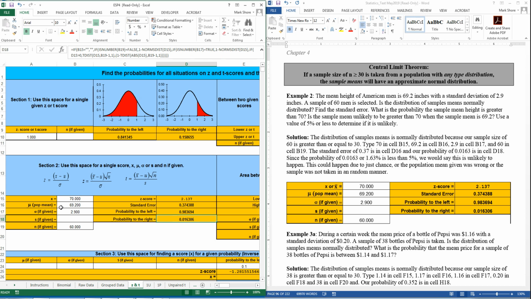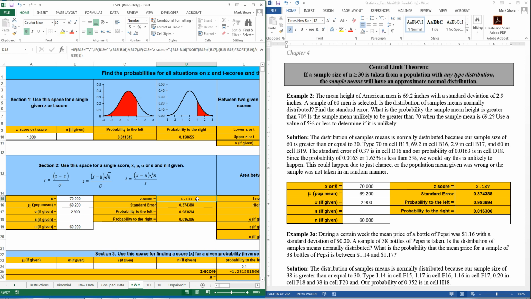We put in the mean of 69.2, and again, this is a population standard deviation of 2.9 because it's right after the population mean, and they give you a sample size of 60. So the standard error is right here, by doing 2.9 divided by the square root of 60. That gives you the standard error of 0.374.